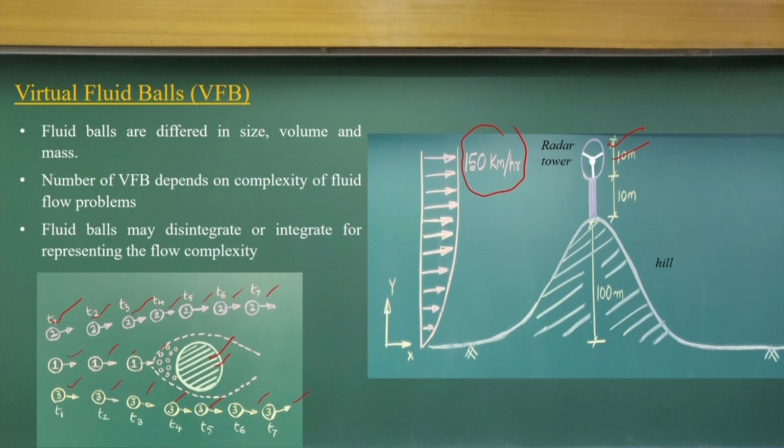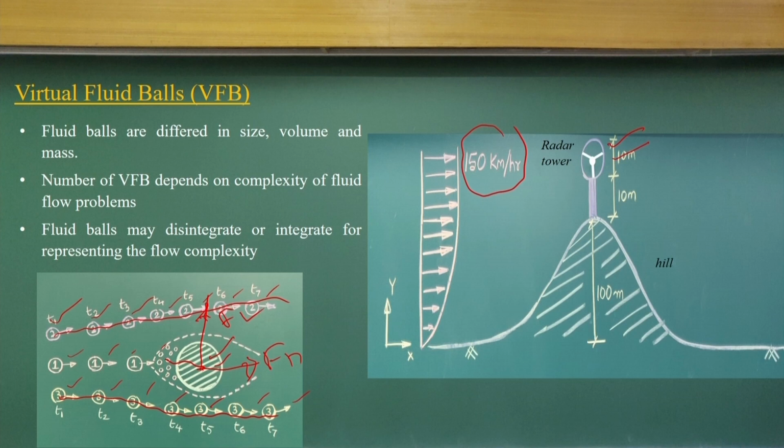Okay. If I draw the streamlines, then I can tentatively know what the forces are going to be, the lift force and the drag force, the Fd and Fl, the lifting force mechanism and the dragging force. This is quite a simplified one.